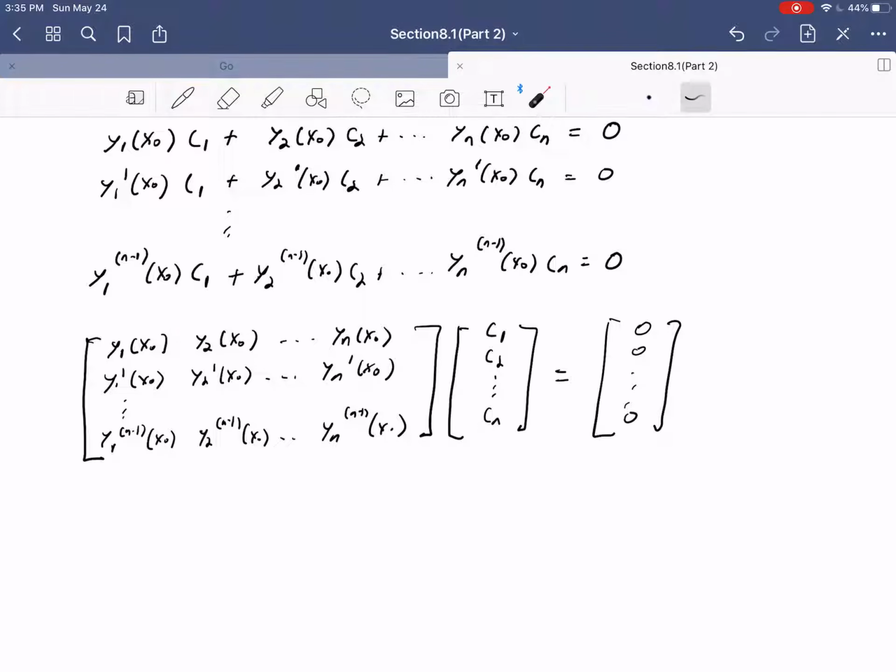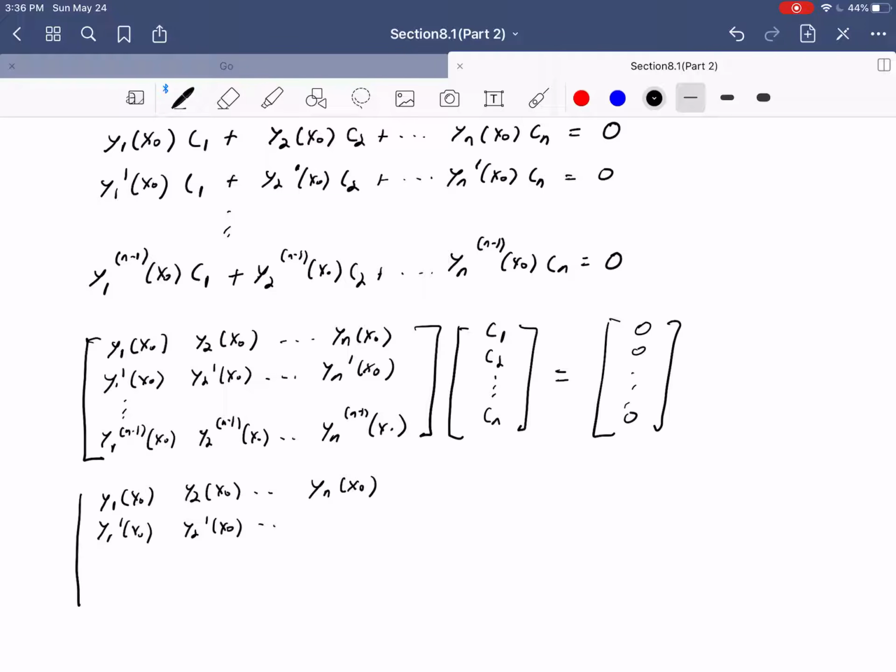But if you look at this, what is the determinant of this? Well, the determinant of this coefficient matrix here, y1 x0, y2 x0, yn x0, y1 prime x0, y2 prime x0. Right now I'm wondering why I didn't just copy and paste it, but that's okay. Still learning technology, I suppose. There we go.